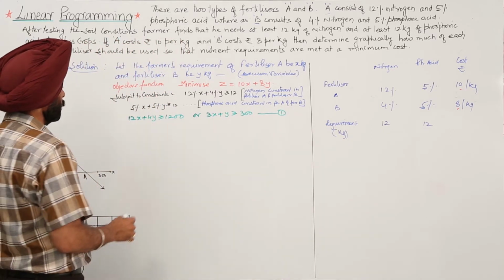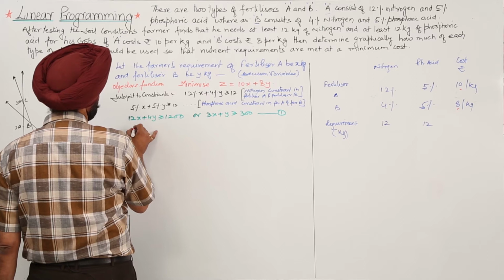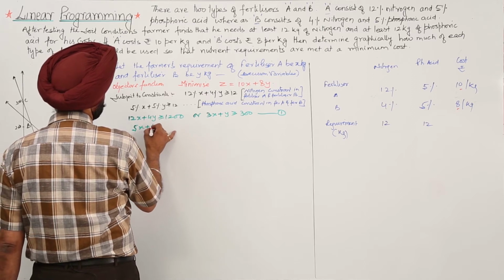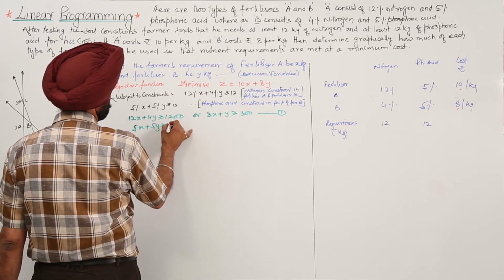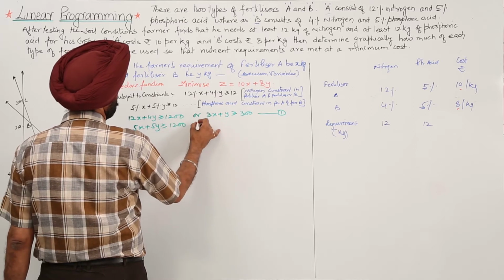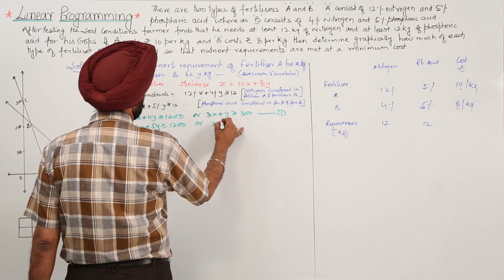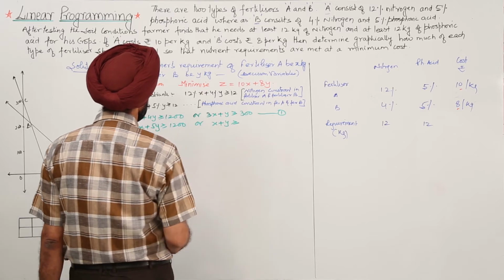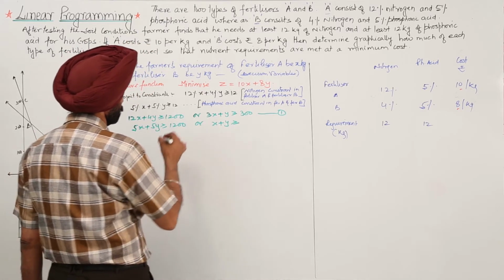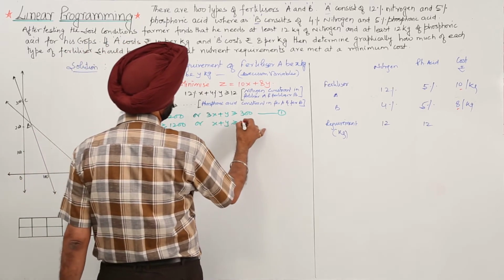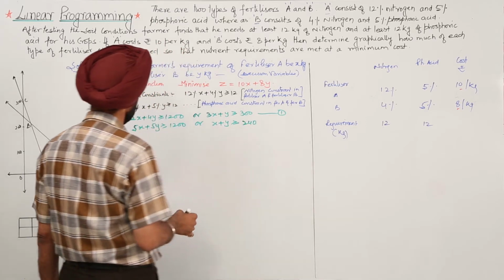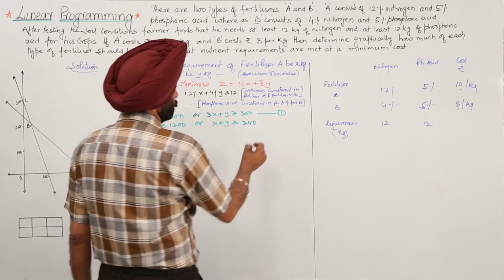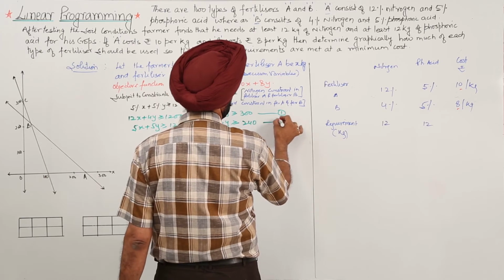And for 5%, this one, 5x plus 5y is greater than or equal to 1200, or x plus y is greater than or equal to, on dividing 1200 by 5, 240. Number 2.